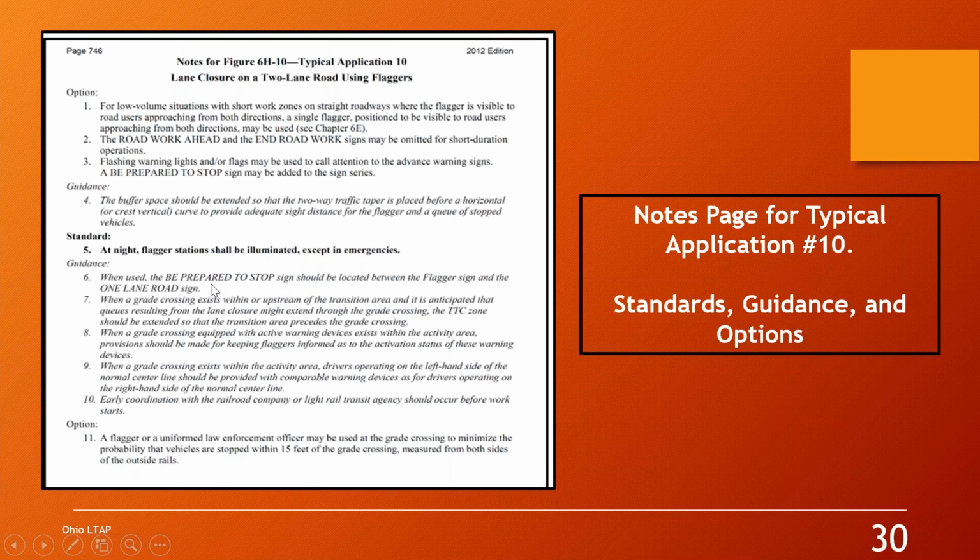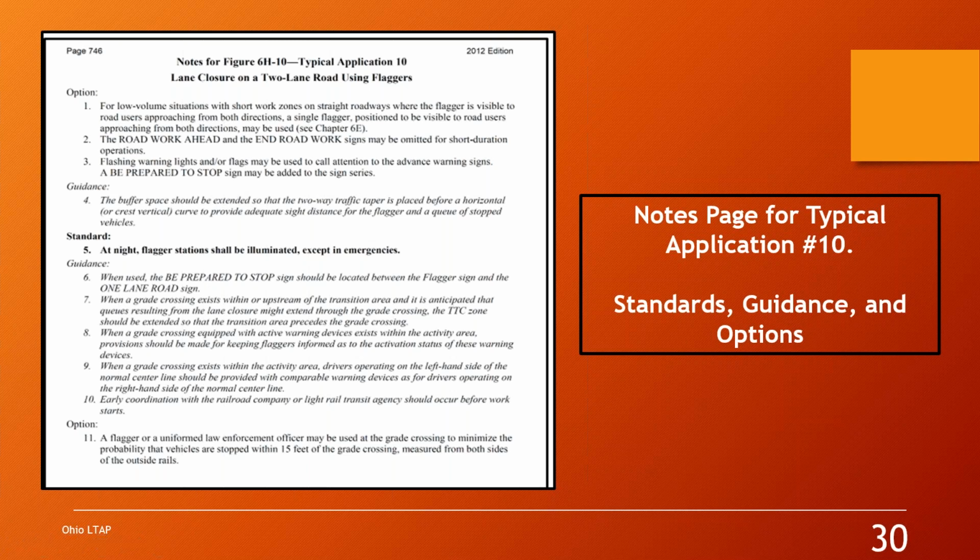And then this is mentioned again in options. Number 3 says flashing warning lights and/or flags may be used to call attention to the advanced warning signs. A be prepared to stop sign may be added to the sign series. So the be prepared to stop sign is listed in 2 different places on the notes page. That should tell you right there that it's a very important sign.